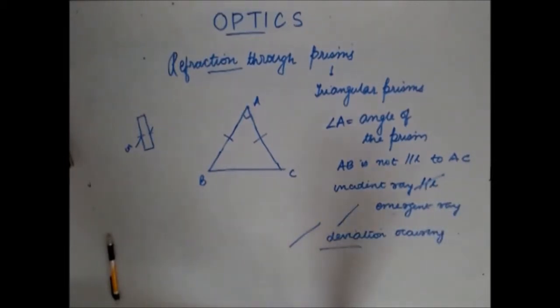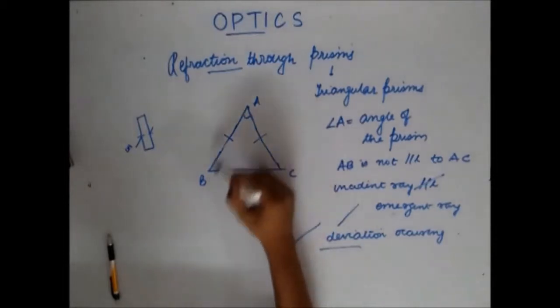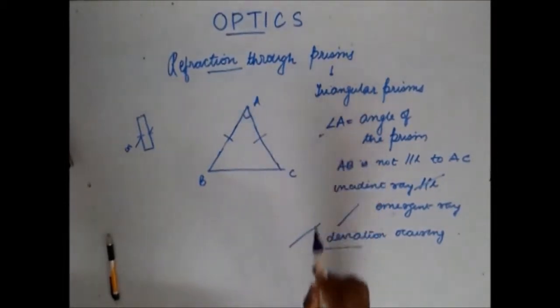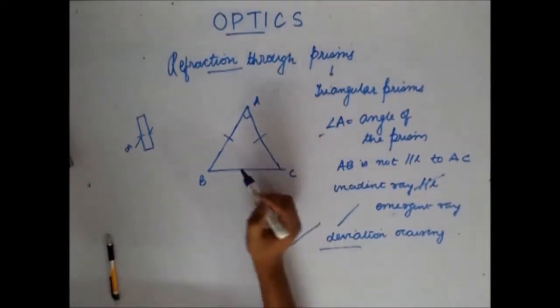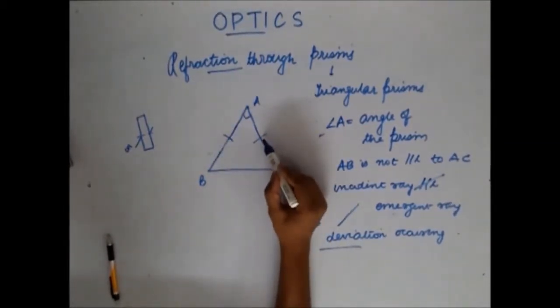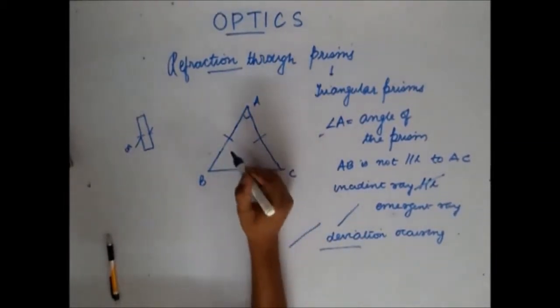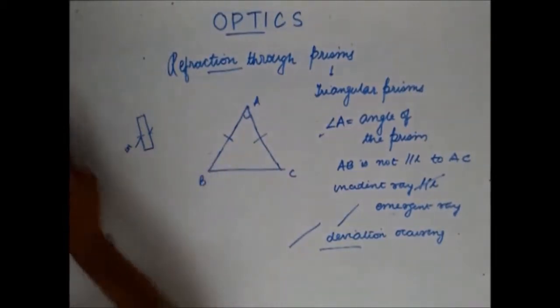So these are the main points. The first point is that the angle between AB and AC is known as the angle of prism, angle A. AB is not parallel to AC. That means the incident ray is not parallel to the emergent ray. That means there is a deviation occurring. Let's see how that looks.